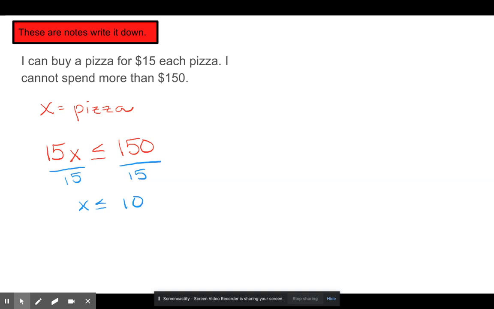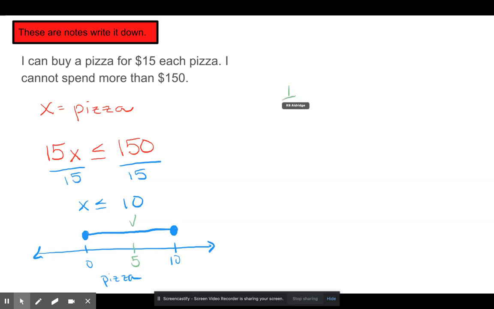Let's graph that out. So here's 10. Here's 0. This is pizza. And I could buy 10 or less. So here's 10 pizzas that I could buy, and you can't have negative pizzas, so I can buy 0. Let's do a check to see if that works. Let's check 5. If I buy 5 pizzas, will it work? Will I not spend more than $150?